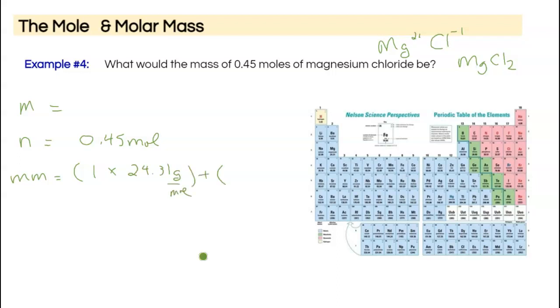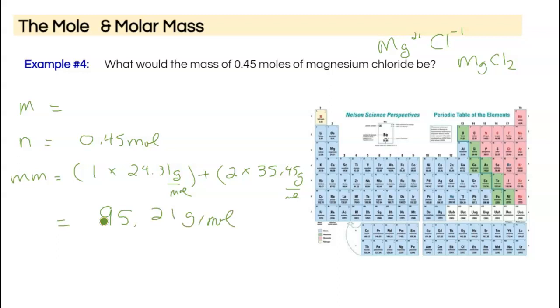I'm going to add that in to the molar mass of 2 chloride ions, which is 35.45 grams per mole each. And that's going to give me a value in its entirety for the molar mass of magnesium chloride. Okay, and so the value that I'm getting here is 95.21 grams per mole.